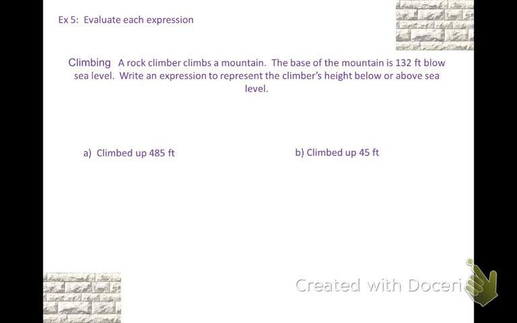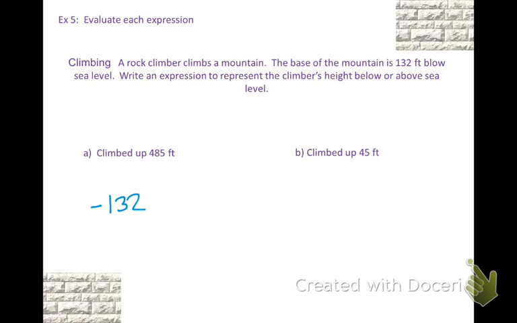All right, so evaluate each expression. Again, substitute. A rock climber climbs a mountain. The base of the mountain is 132 below sea level. So right there, that's negative 132. Write an expression to represent the climber's height below or above sea level.